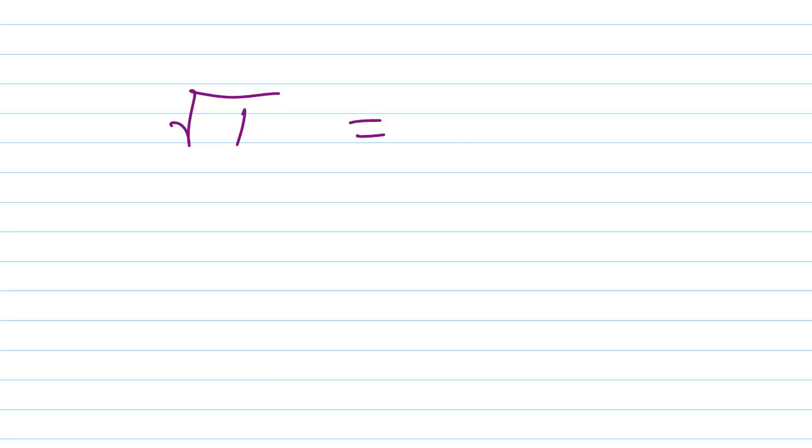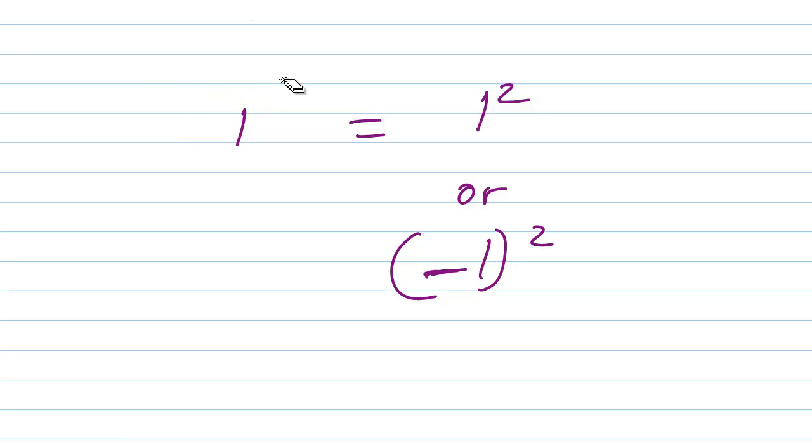But the square root of 1 can equal either 1 or -1, because 1 squared equals 1 and -1 squared also equals 1. So I guess I should get rid of the radical sign now, shouldn't I?